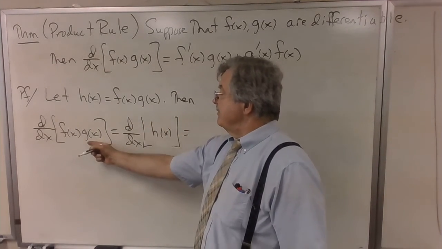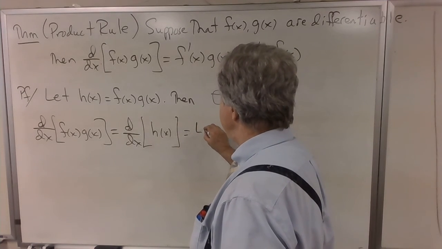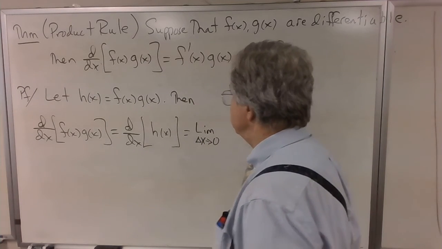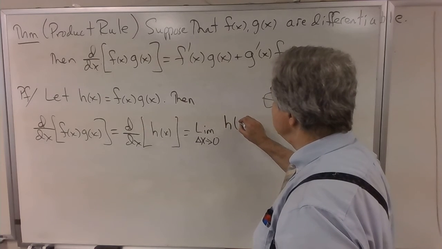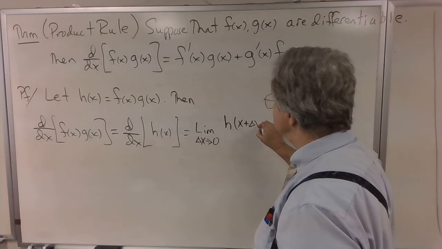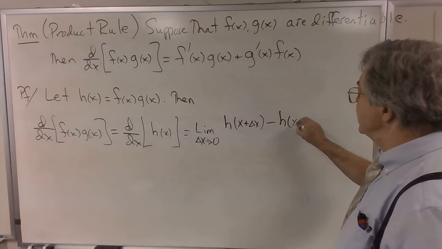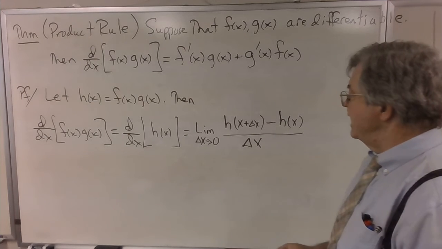The derivative of f times g is the derivative of h of x. And by definition, the derivative of h of x is h evaluated at x plus delta x minus h evaluated at x, all over delta x.